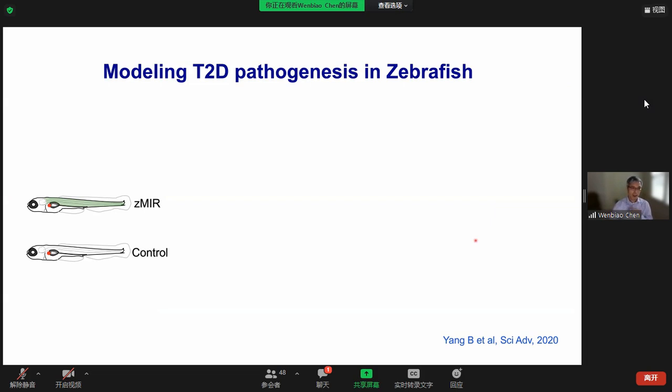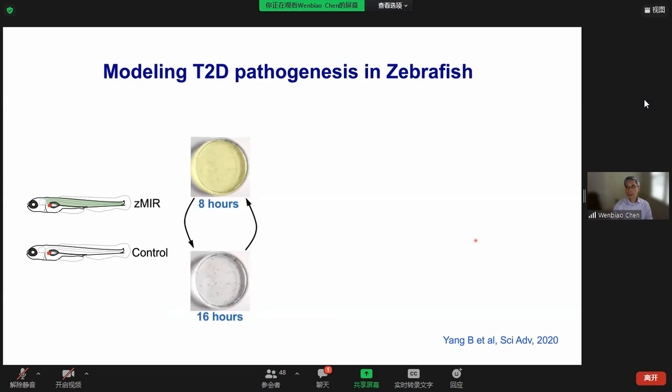I'm ahead of myself. So she said, "Oh, why don't we just combine these two approaches and feed those muscle insulin resistance models, we call them ZMIR, with overnutrition over multiple days."